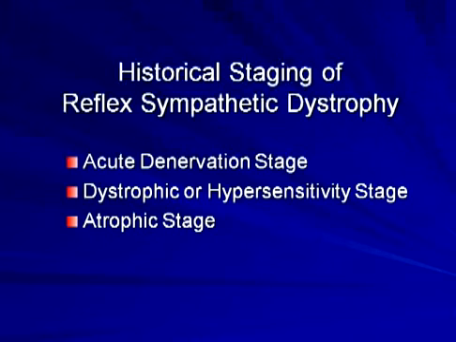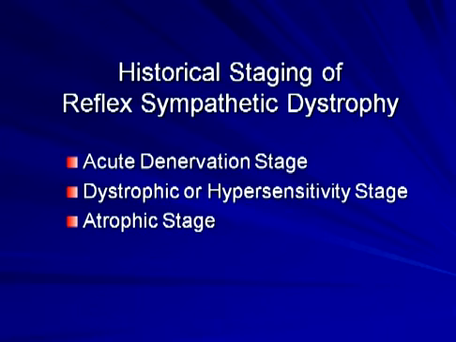The presentation is a spectrum, and this spectrum can move from one stage or one part to another, and one stage can last for a long time or a short time. For example, I've seen patients who have had an injury, and they progress rapidly, within a matter of weeks, from the injury stage to an atrophic stage, very, very rapidly. So these stages really didn't describe it accurately.